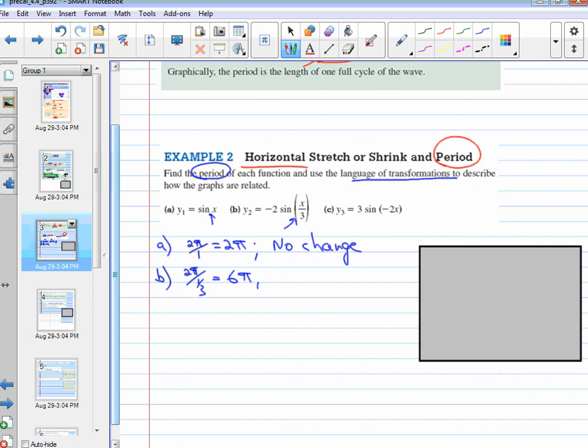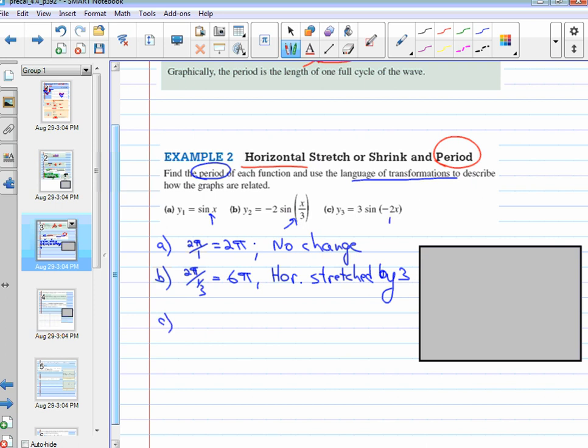Remember, it's kind of backwards when we do the horizontal stuff. So it is horizontally stretched by a factor of 3. Which in the language of periods, the period of this being 6 pi, it's going to take a full 6 pi before I go through one cycle on this one. It's really stretched out.